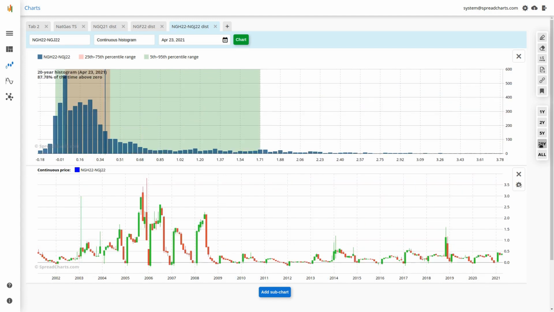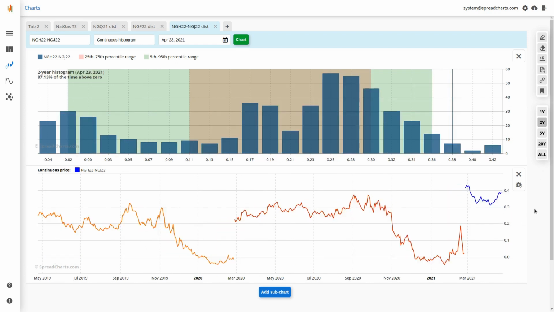And now let's switch to the 20-year distribution, and finally it looks more reasonable and more normal because the latest value is in the red field, albeit closer to its right boundary. So it's true that there is an opportunity in natural gas. There is a bearish opportunity in natural gas. The Widowmaker spread is the prime example.